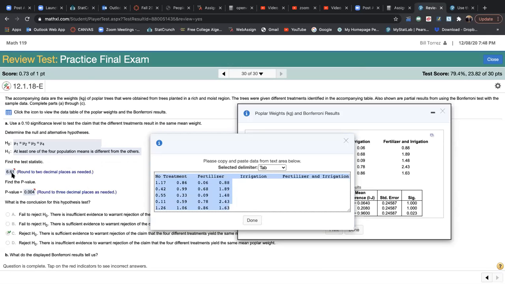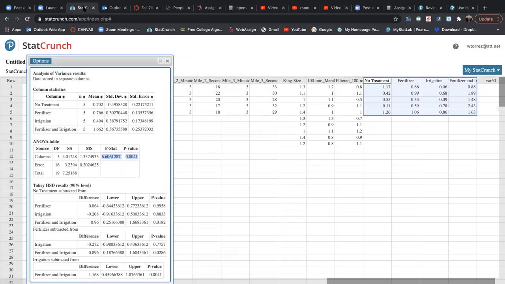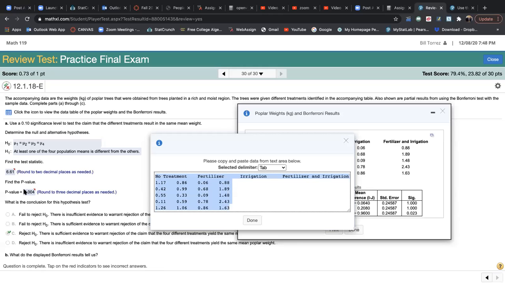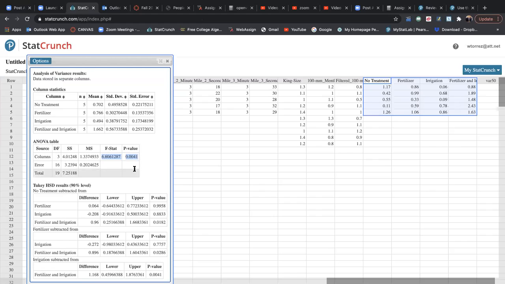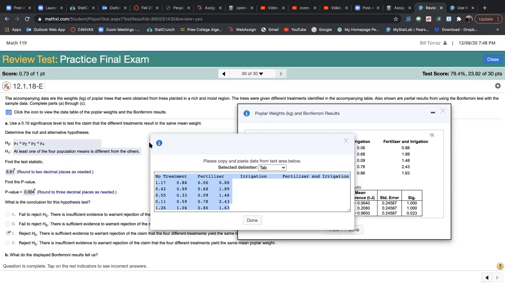All right, so the test statistic given in StatCrunch rounded to 2 places is 6.61, okay? And then the p-value rounded to 3 places is about 0.004, okay? And now let's finish it up, okay?